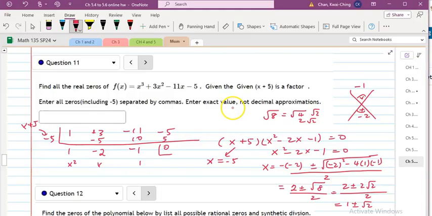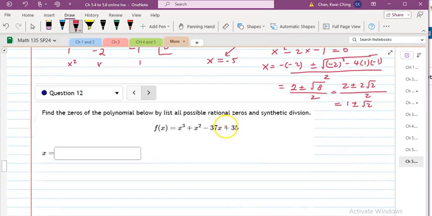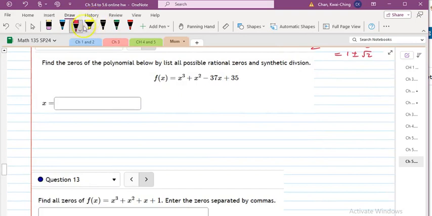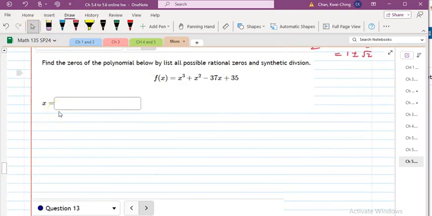12 is the one where you have to find all possible rational zeros and then finish everything. So let's start from the beginning.